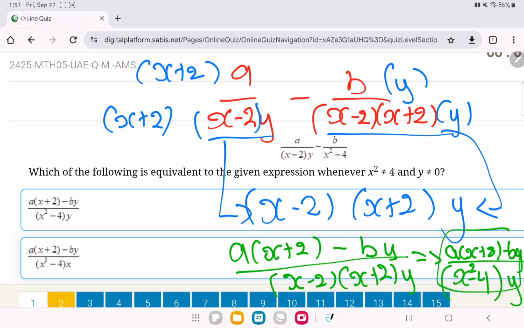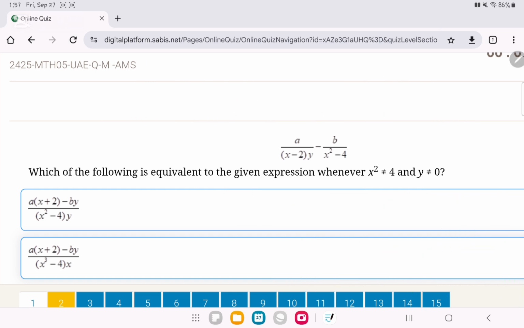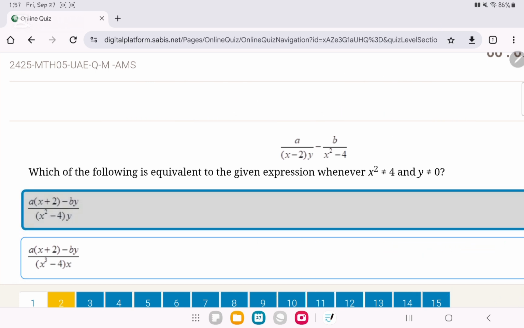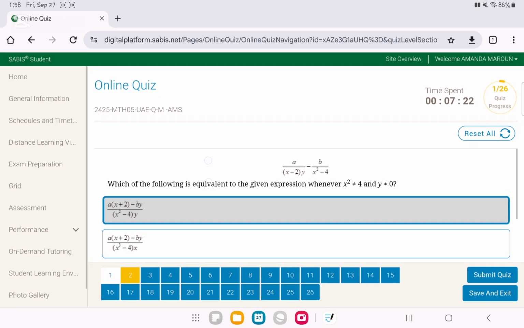So this is our final answer. Our final answer again is a times x plus 2 minus by over x squared minus 4 times y. So now let's find it. It's the first one. Conveniently, it is the first one. A times x plus 2 minus by over x to the power of 2 minus 4, y.